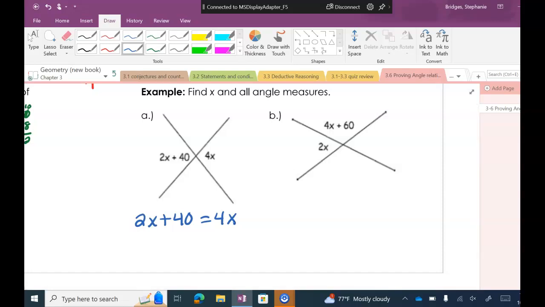Keep going. Solve it for x. Once you find x, plug it back in, and I also want you to find the measure of the angles that are not listed in that picture.